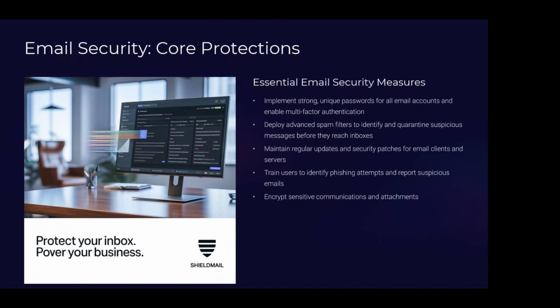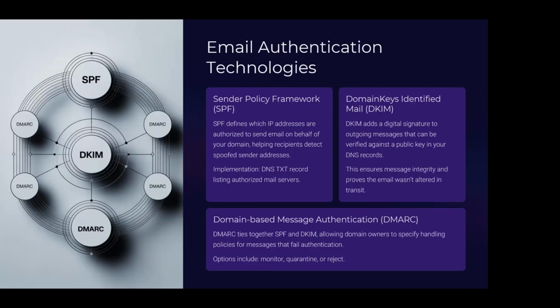Okay, so for email security best practices: implement strong, unique passwords for email accounts, deploy advanced spam filters, maintain regular updates and security patches, train the users to identify phishing attempts, and encrypt the sensitive communications and attachments. Email authentication technologies include Sender Policy Framework, SPF.